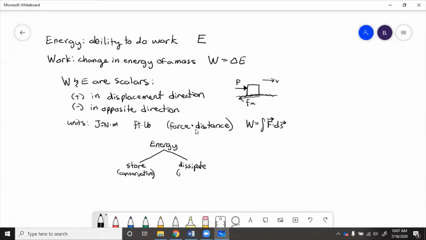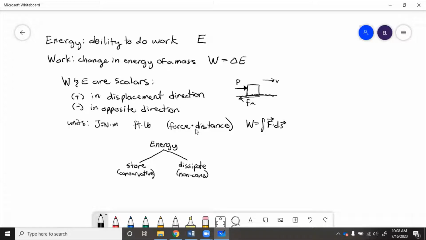Dissipated energy is done by non-conservative. Conservative forces are things like gravity, spring, pushing, all things that add energy into a system. Dissipative forces are like friction, damping, drag, things that sap energy from the system.